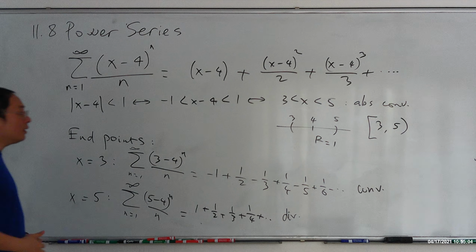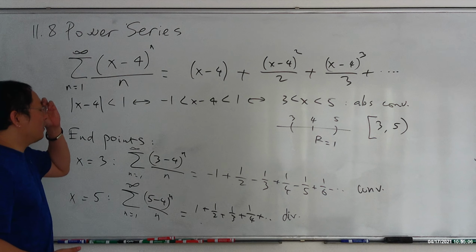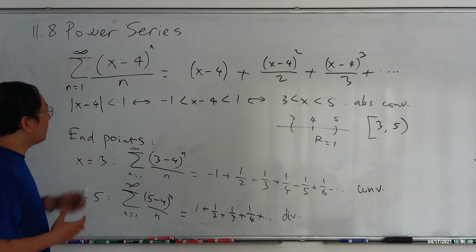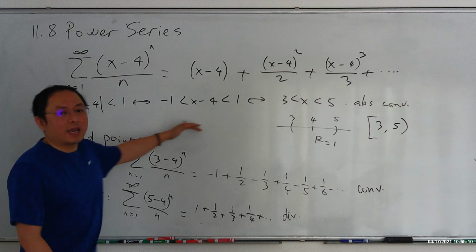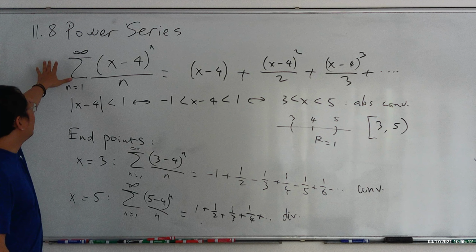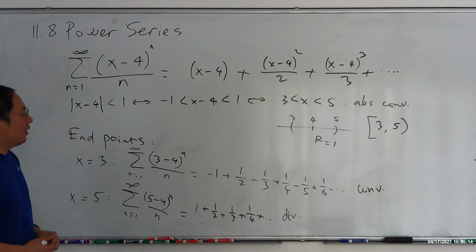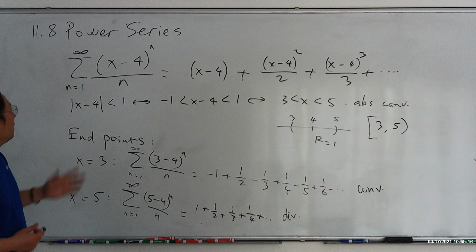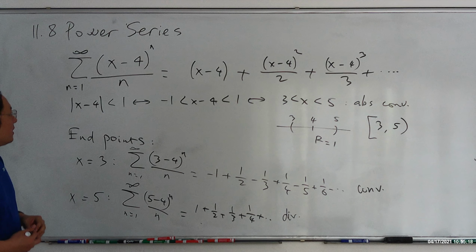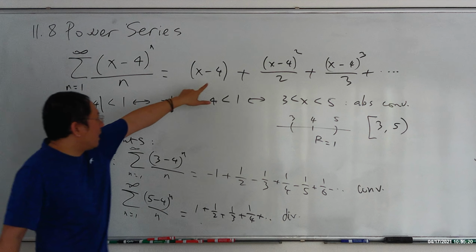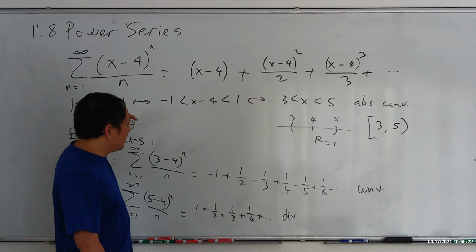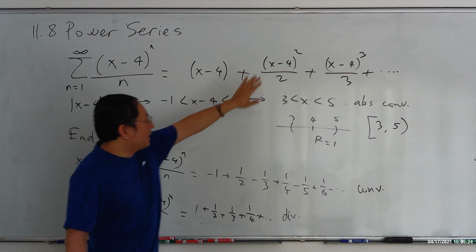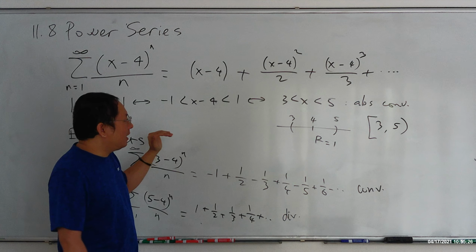Alright? So with the first example, I tried to show you a technique for how to find the radius or interval of convergence for a power series. First of all, you find the center, right? And then you use the ratio test. Take the a n plus 1 term divided by the a n term.